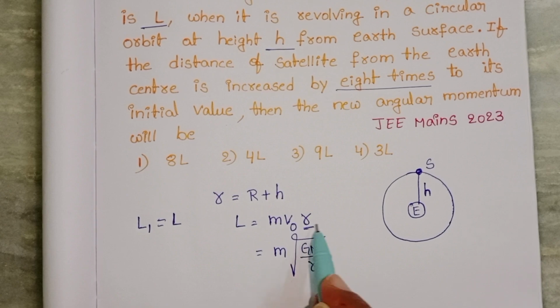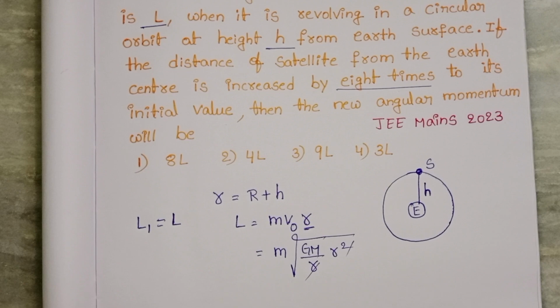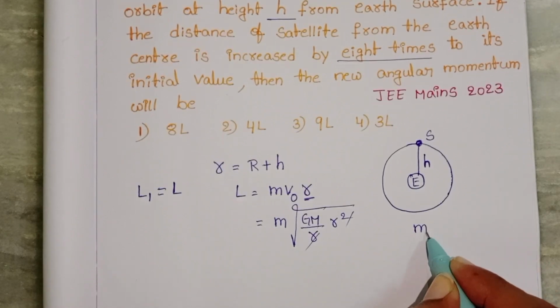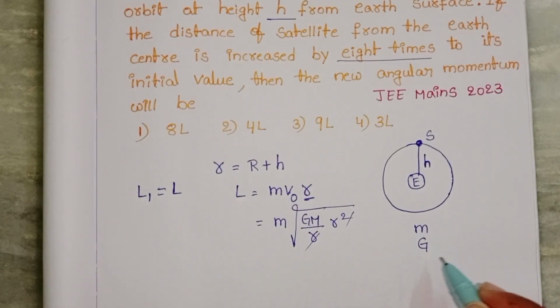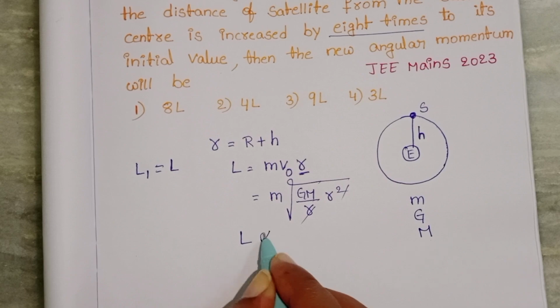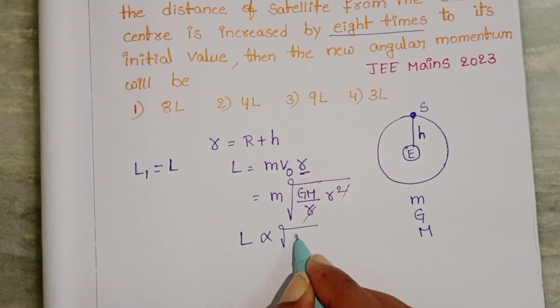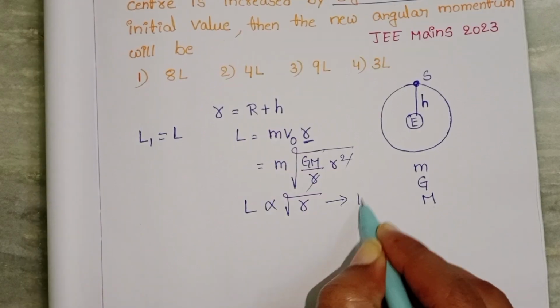Now write this r also in the square root, then it becomes r squared. One r gets cancelled. Mass of the satellite, gravitational constant, mass of the Earth: these three are constants. So angular momentum is directly proportional to square root of r. Take this as equation 1.